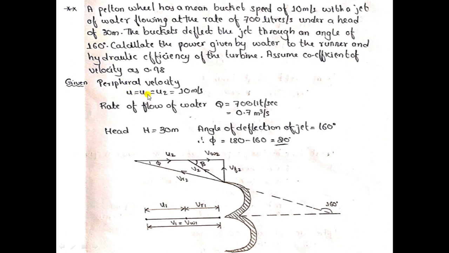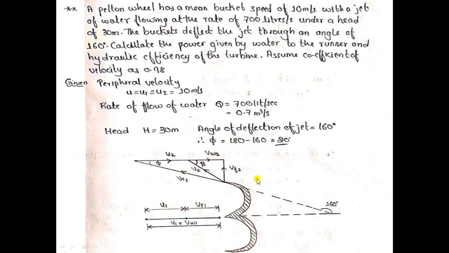Now the peripheral velocity u is 10 meters per second, as I have mentioned. The rate of flow Q is 0.7 meter cube per second, and the head at the inlet of the turbine is 30 meters. Based upon the angle of deflection of the jet, which is 160 degrees, we can obtain the value of phi, which is 180 minus 160, that is 20 degrees.